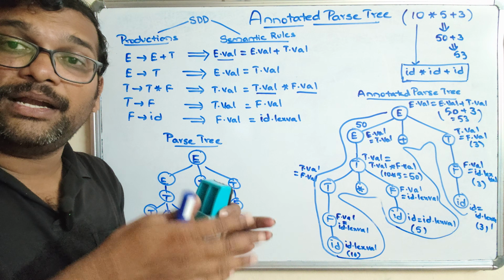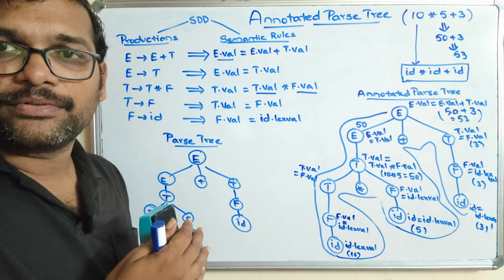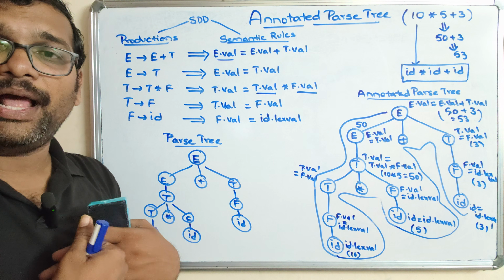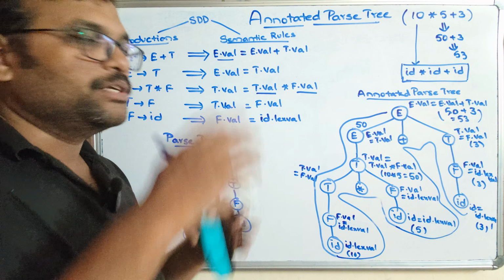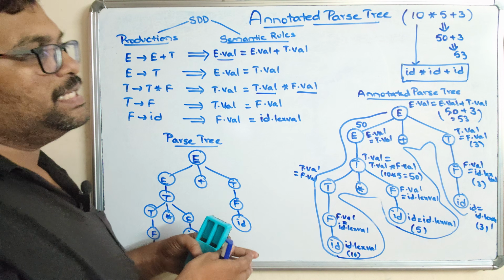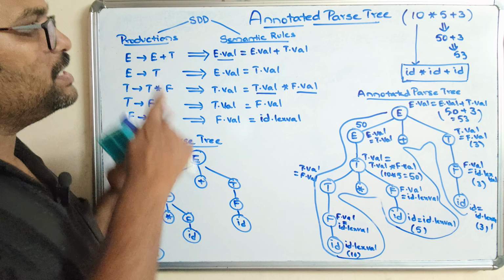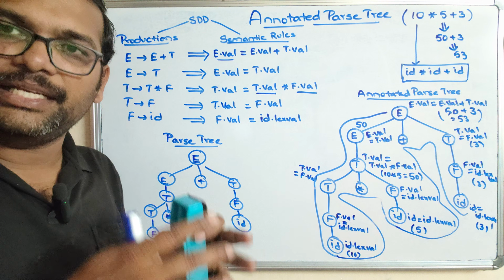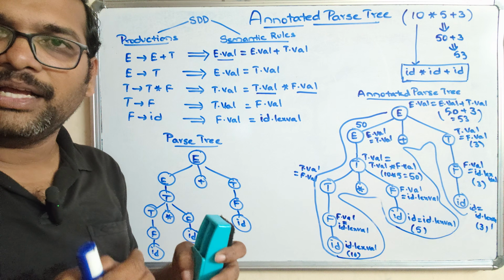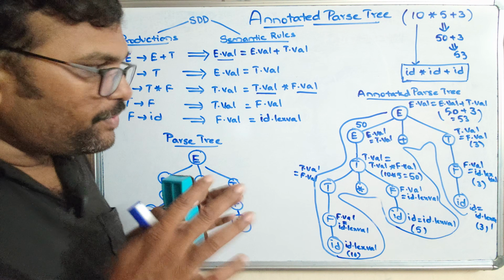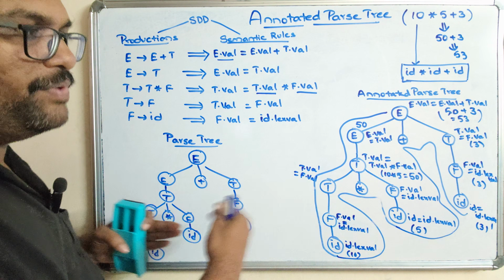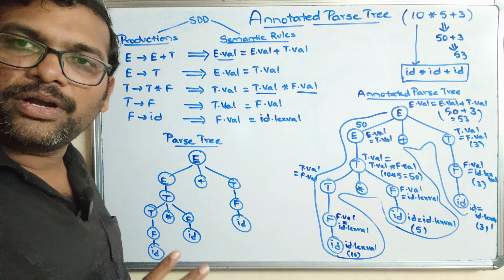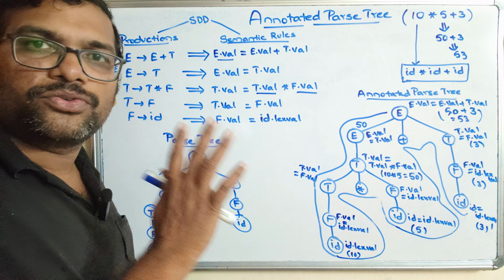The parent completely depends upon the children. So how are we getting the parent value from the children values? That's why we are calling them synthesized attributes, and this is a synthesized attributed SDT. And finally, this is the annotated parse tree. You can feel the difference between the parse tree and annotated parse tree. So hope you understood this one.